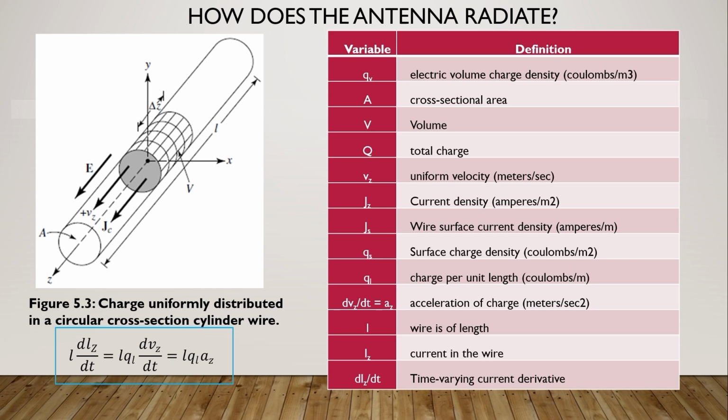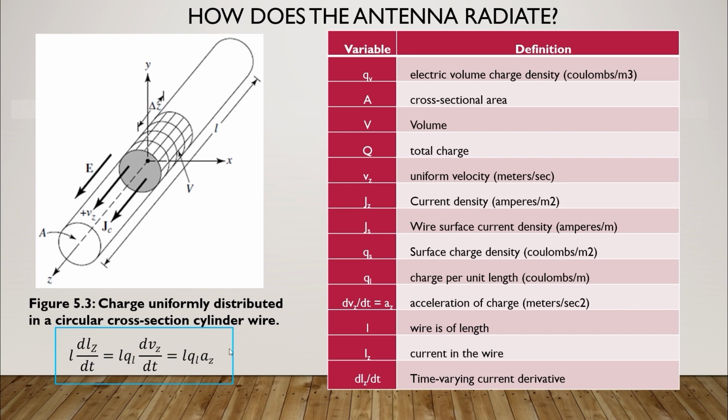A is cross-sectional area, V is volume, Q is total charge, Vz is uniform velocity, Jz is current density, Js is wire surface density, Qs is surface charge density, Ql is charge per unit length, dVz/dt is acceleration of charge, L is wire length, Iz is current in the wire, and dIz/dt is time varying current derivative.